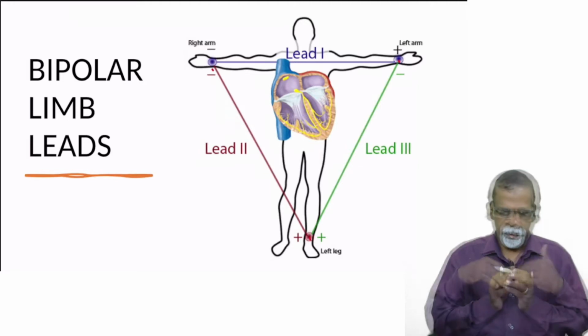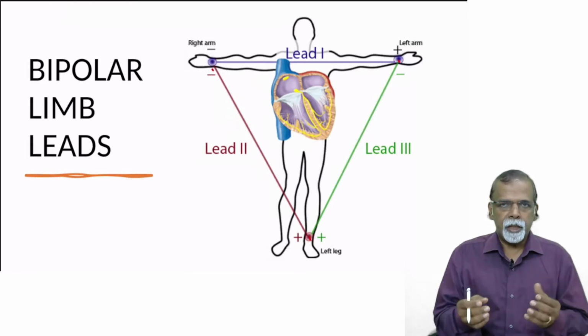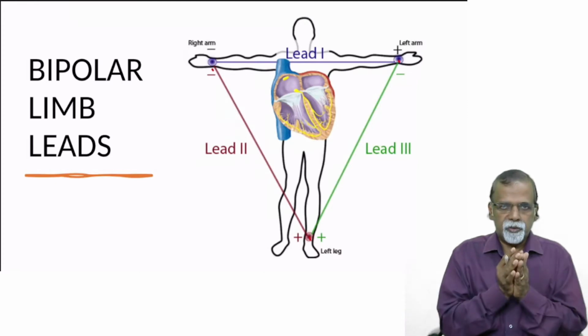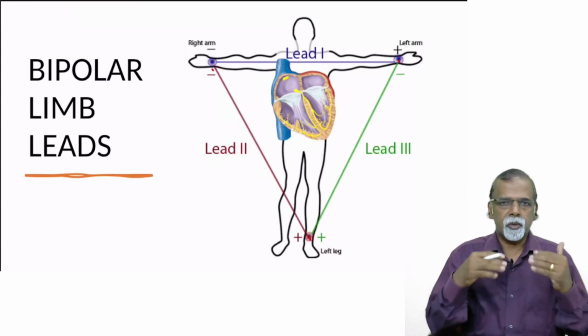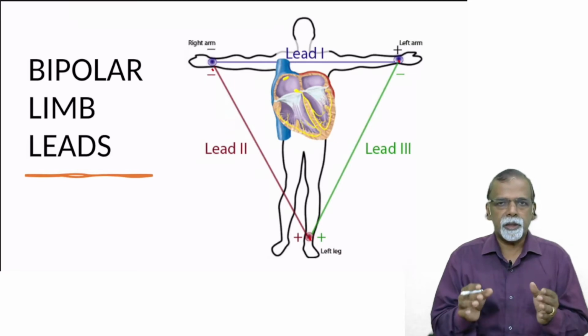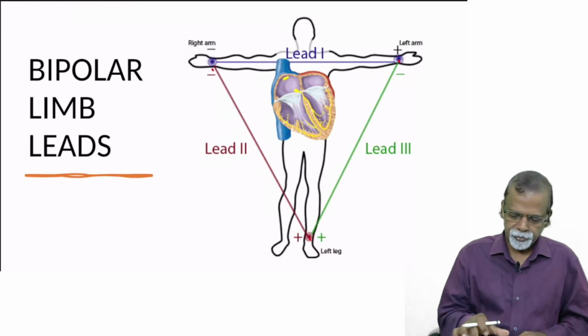electrocardiogram is taken. In the previous session, we described volume conduction, how electrical activity is transmitted very well. So the body acts as a volume conductor, and you can record the electrical activity from different parts of the body.